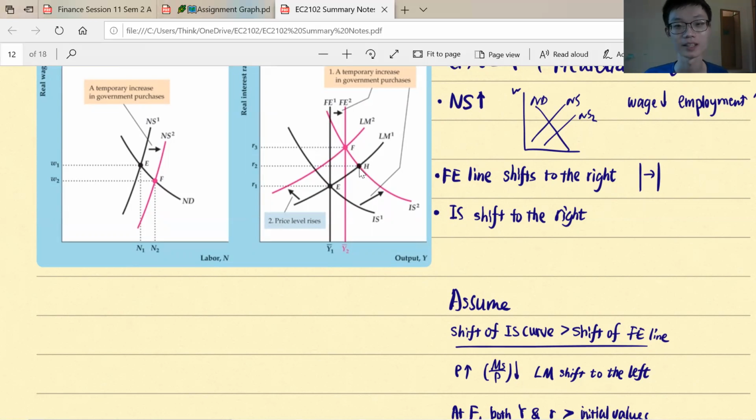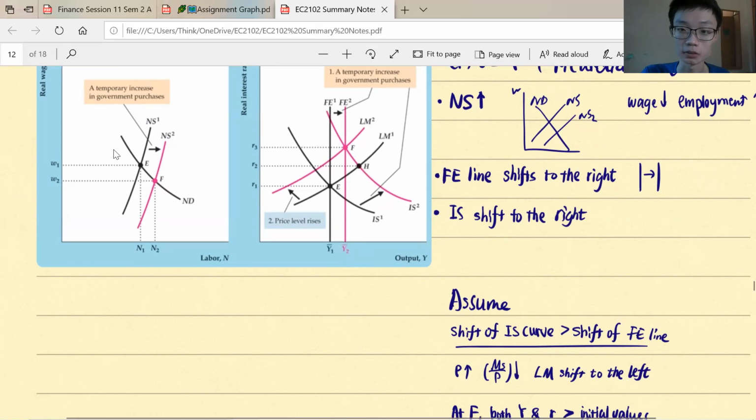So what this means is that the price will increase. Why? Because we are demanding more than we actually can supply. So we must give workers more wages to induce them to work more to meet the demand temporarily.